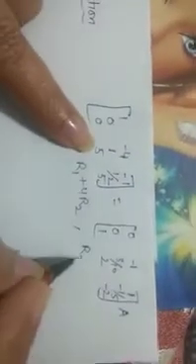Now we will make this 0 by adding 4. So we will multiply this by 4 and add to the first row. So R1 tends to R1 plus 4R2, and R3 tends to R3 minus 5R2.